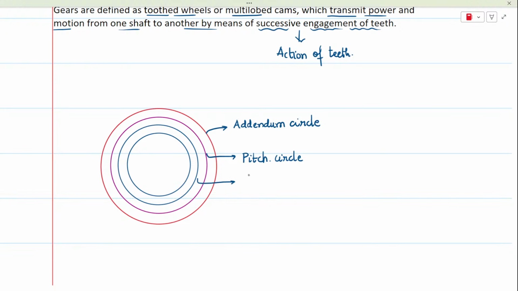The third one is called the base circle. And the fourth one is called the dedendum circle. Now the addendum circle passes through the tip of the teeth. If the circle is passing through the tip of the teeth, that is called the addendum circle.